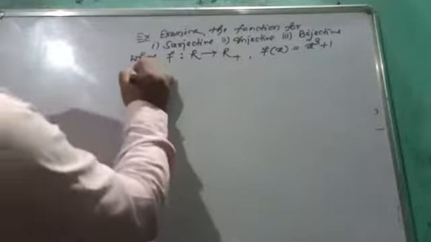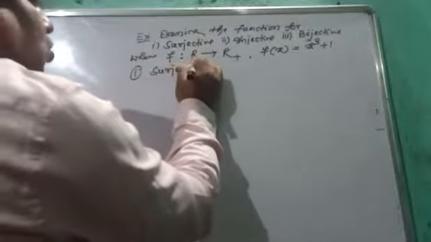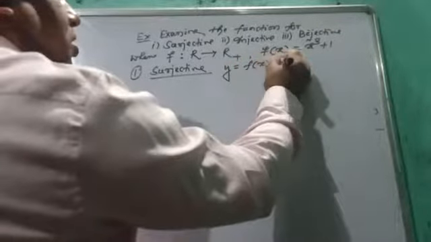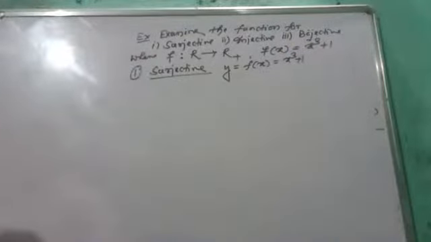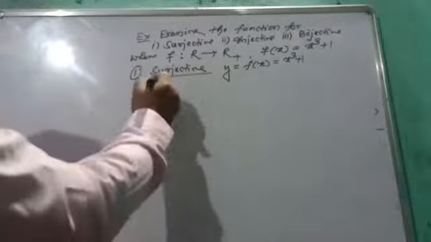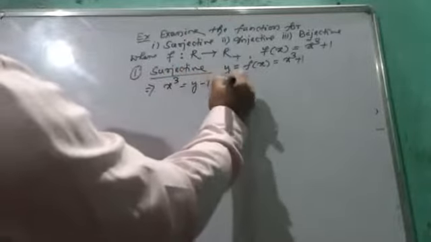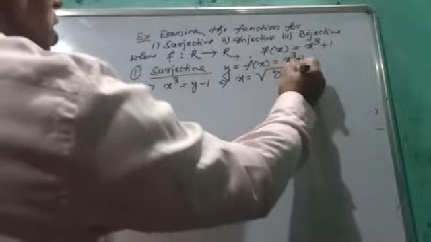First we verify the surjective function. We write y is equal to f(x), which is equal to x cubed plus 1. Then that implies x cubed is y minus 1, so x is equal to the cube root of y minus 1.